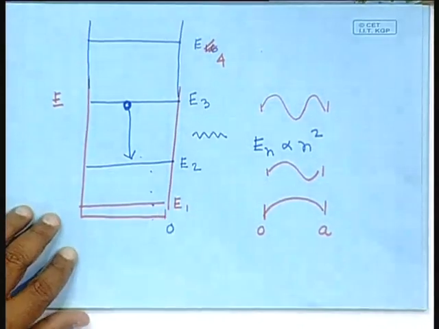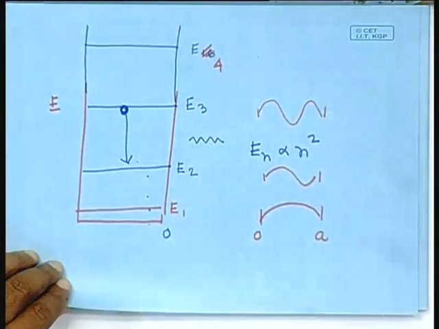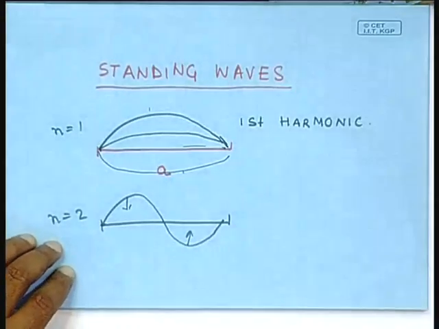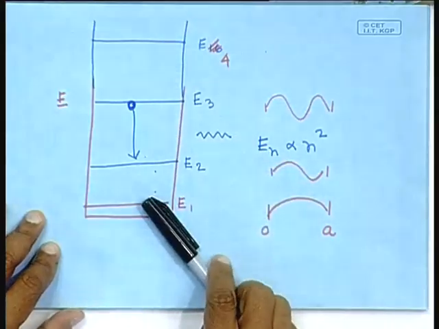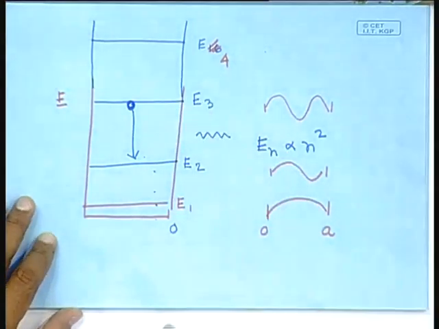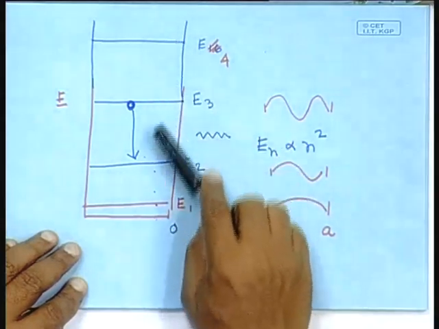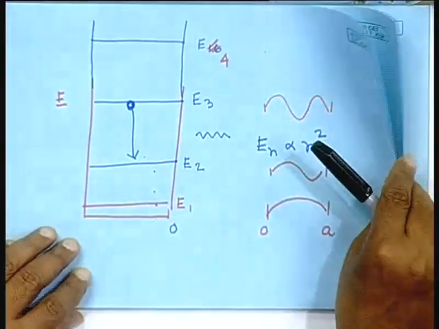If you look at the energy levels of a particle in this box, the energy levels go proportional to n square. Now remember, the energy is the angular frequency times h cross. So you can say that the angular frequency of these different waves also increases proportional to n square.